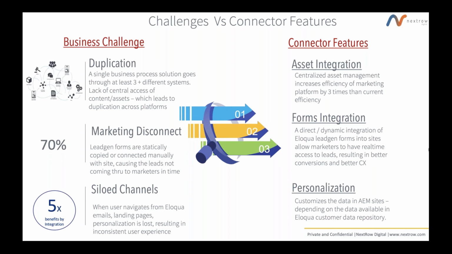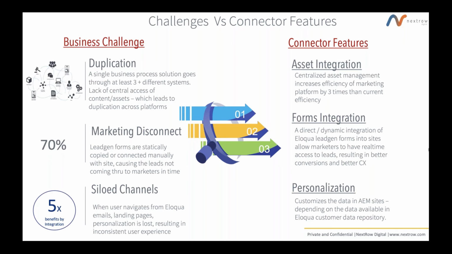Because that personalization is lost, there is a big disconnect, because now you cannot retarget the user based on the clicks within the email, because the AEM site doesn't know the marketing preferences which are stored in Eloqua.